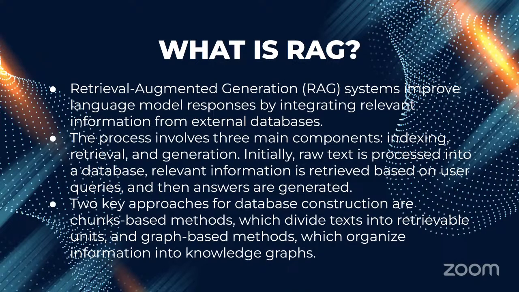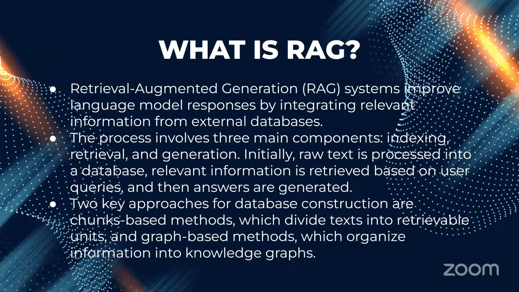Okay, RAG, which is also called Retrieval-Augmented Generation, is a technique in AI that enhances the response or the generation of the large language model by integrating the relevant information from external databases. This process mainly involves three main components: indexing, retrieval, and generation.